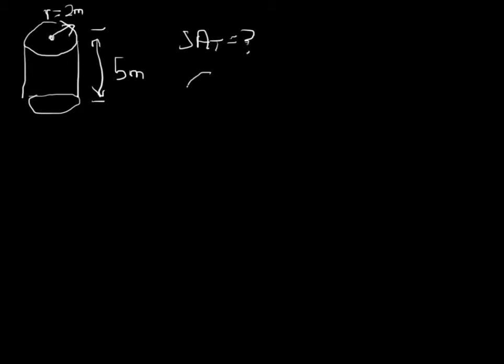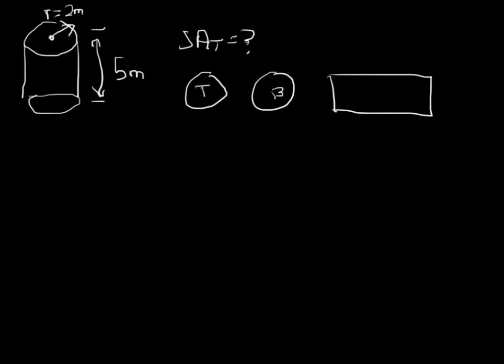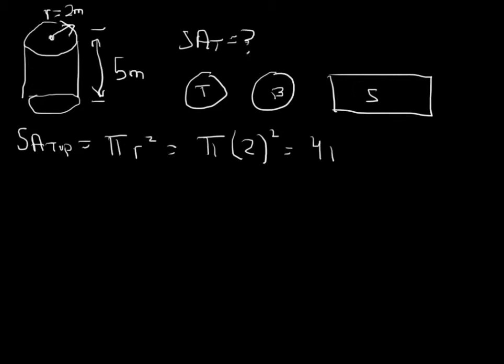Well, let's break it up into pieces like we did in the previous video. We've got the top, the bottom, and then the side. The surface area of the top is essentially the area of the circle, which we know is pi r squared, which is pi times 2 squared, which is 4 pi, 4 times 3.14.